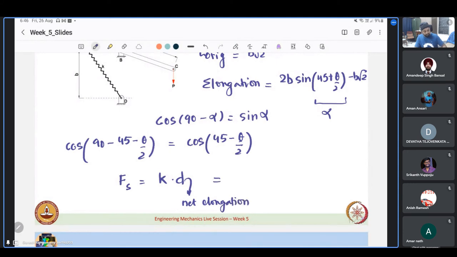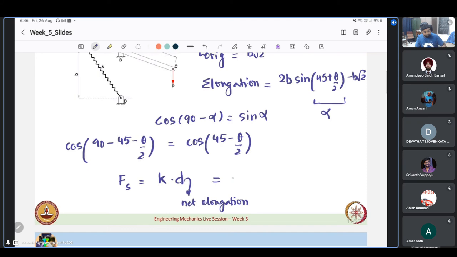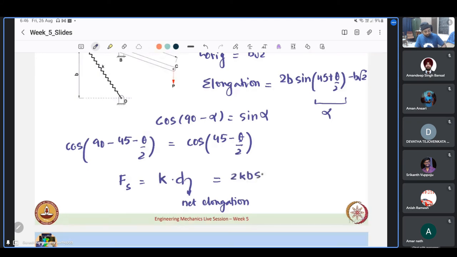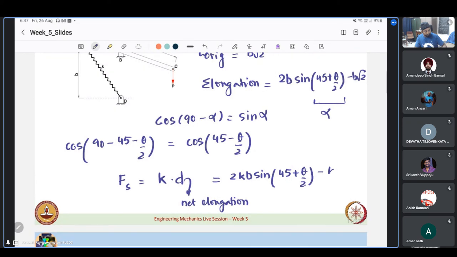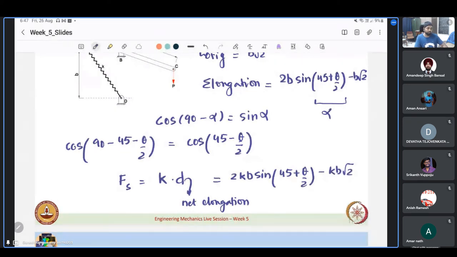So we can easily calculate this. This will be nothing but 2kb sine (45 plus theta by 2) minus kb root 2. I just multiplied it by b. Okay, that is all. So we have got the spring force.